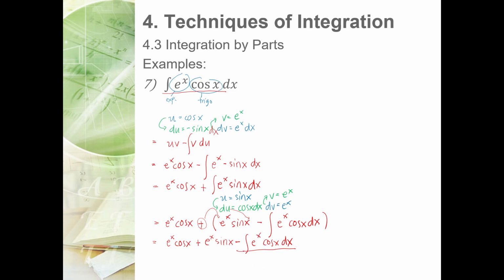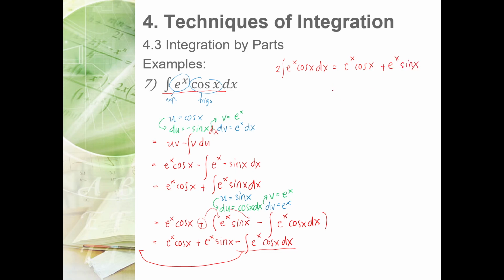So again, this is the time that you're going to transpose to the left side. So this would give us 2 integral of e to the power of x cosine x dx is equal to e to the power of x cosine x plus e to the power of x sine x.